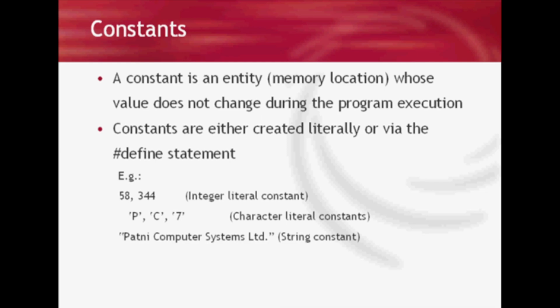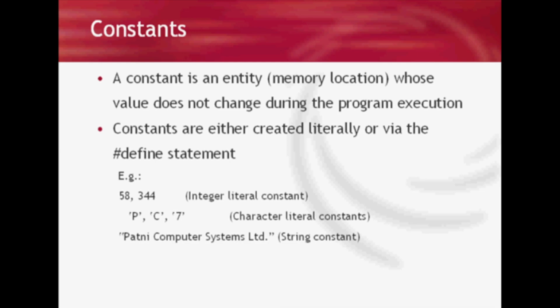For example, 58 and 344 are integer literal constants. 'P', 'C', and '7' in single quotes are examples of character literal constants, whereas "Putney Computer Systems Limited" in double quotes is an example of a string constant.